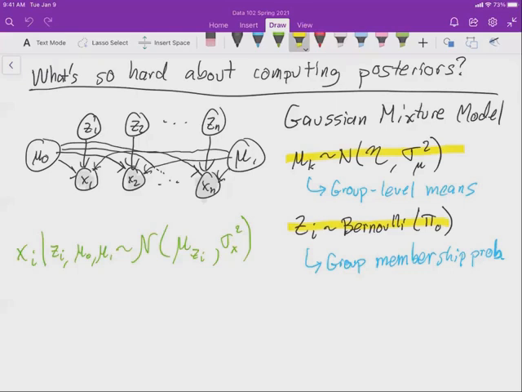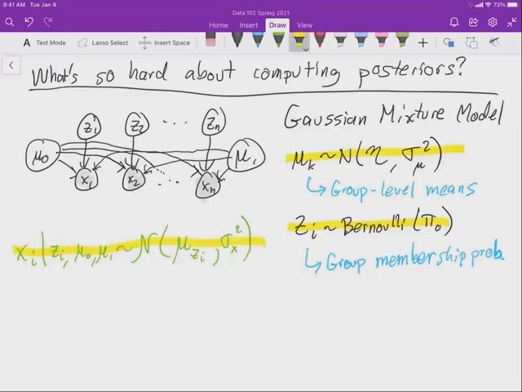Then we have Zi, which is our group membership, and we place a Bernoulli probability on that. Let's say pi0 is the probability that each of these observations is going to fall into group 1 versus group 0. Then we also have our likelihood model, which I'm highlighting now. Given a particular Z, what is the distribution of xi, the actual data point that we observe?